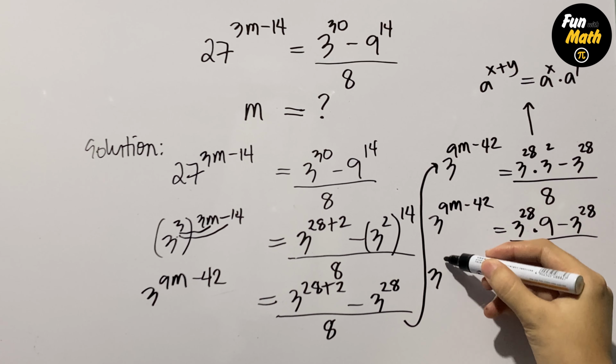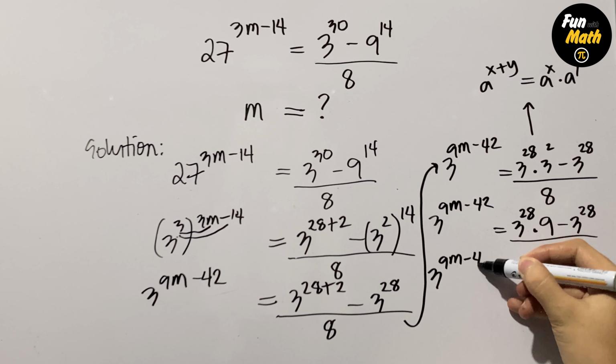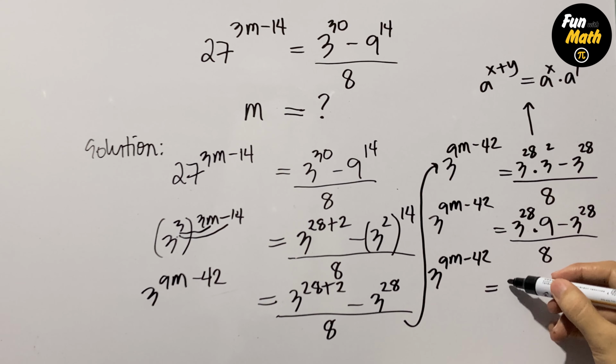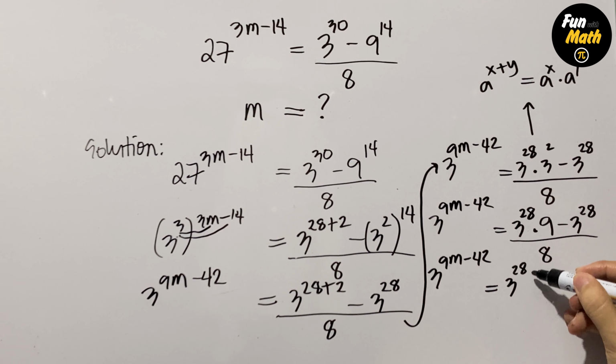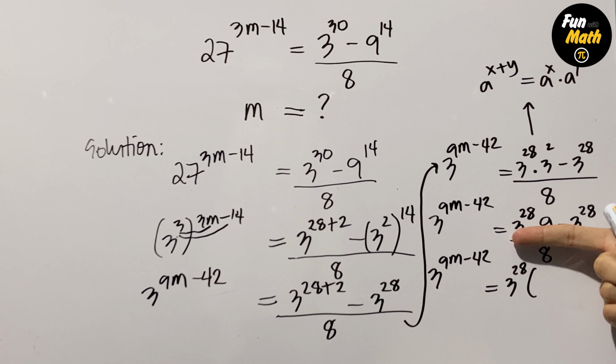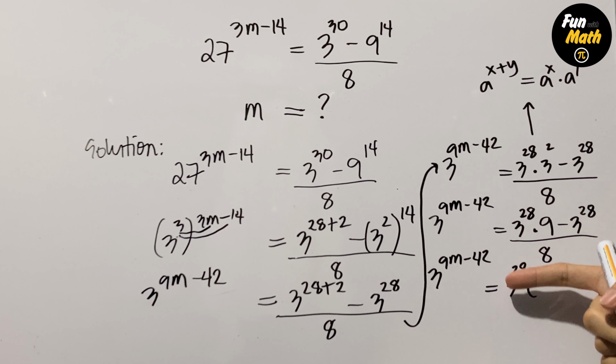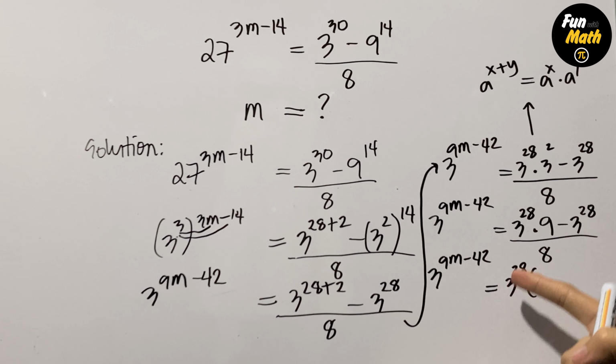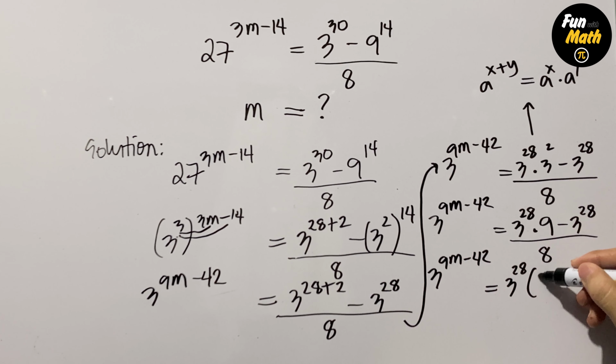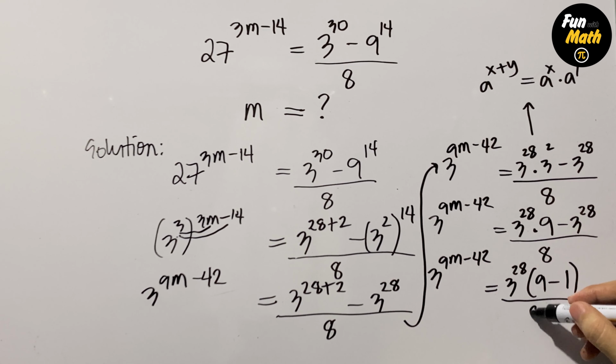So that is 3 to the power of 9m minus 42 is equal to 3 to the power of 28 times, if we divide 3 to the power of 28 times 9 by 3 to the power of 28, this will be cancelled, and the remaining is 9 minus 3 to the power of 28 divided by 3 to the power of 28, that is 1, over 8.